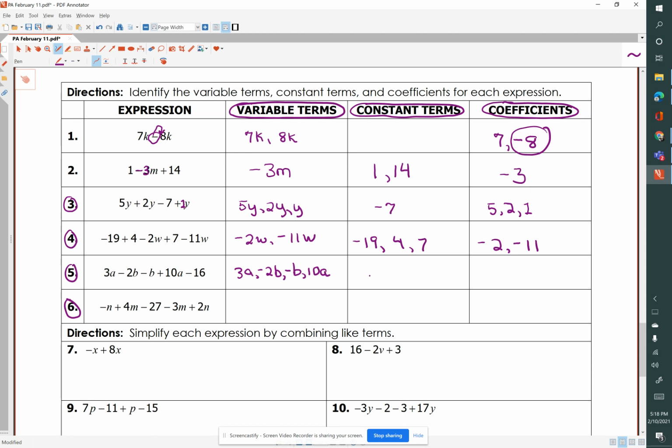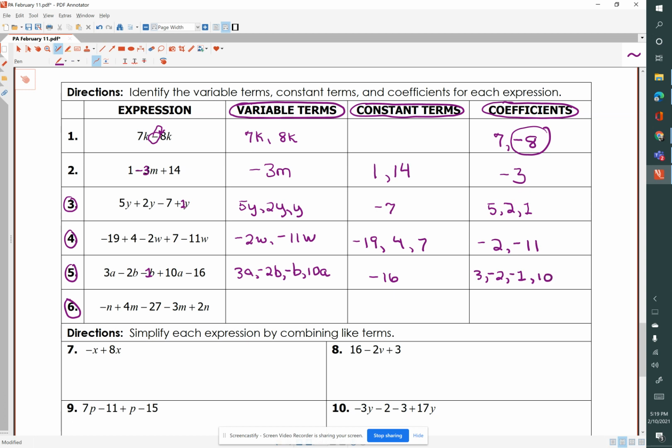The only constant term is the negative 16, but the coefficients are 3, that's in front of the a, the negative 2 in front of the b, and then we have another invisible 1, and this time this is a negative 1. Hope you caught that. And then the 10 that is in front of the 10a.